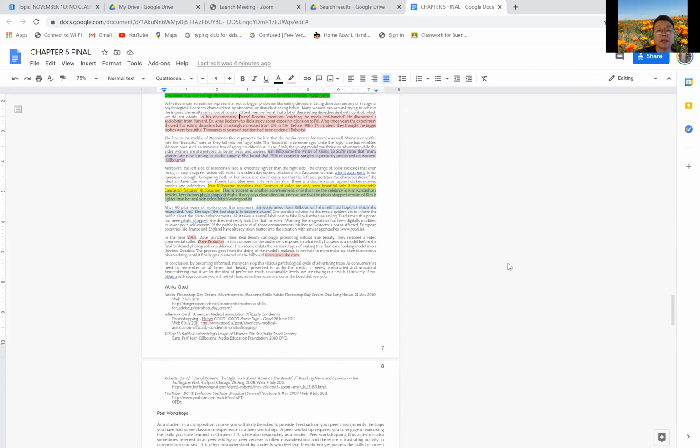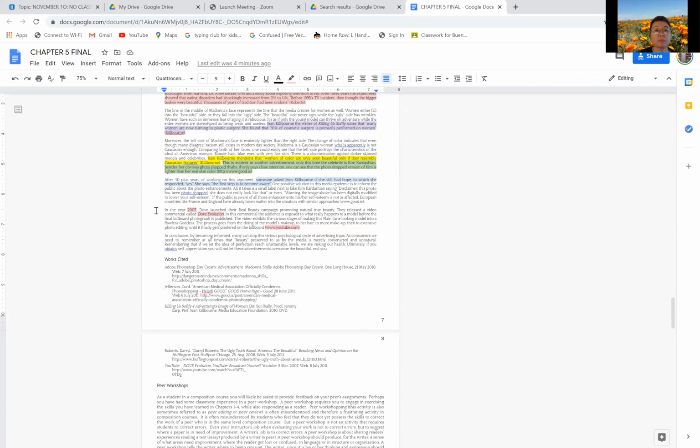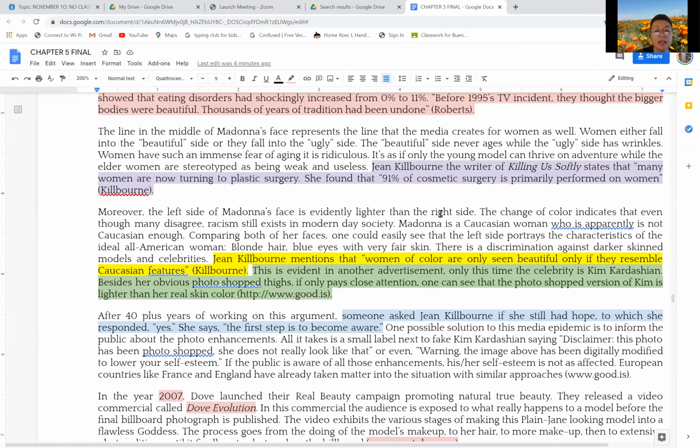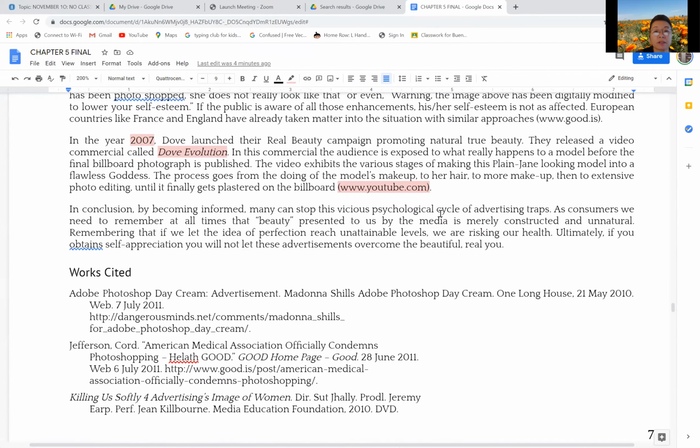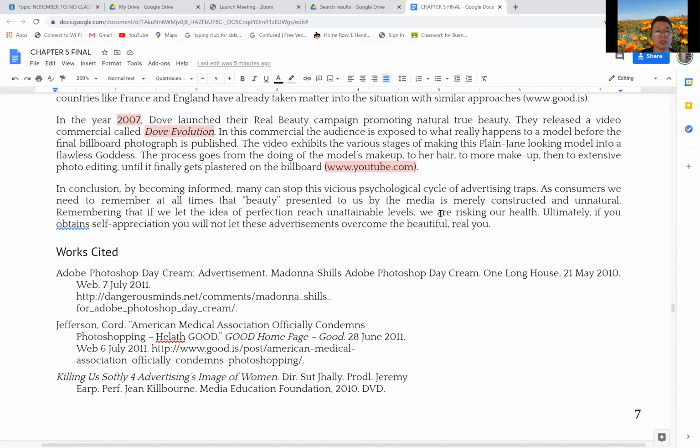And she's making sure to properly cite every single source that she uses within the body and development of her essay. Now, on the bottom here at the end paragraph, she does something very interesting when she's citing. In the year 2007, Dove launched their Real Beauty campaign promoting natural true beauty. They released a video commercial called Dove Evolution. In this commercial, the audience is exposed to what really happens to a model before the final billboard photograph is published.